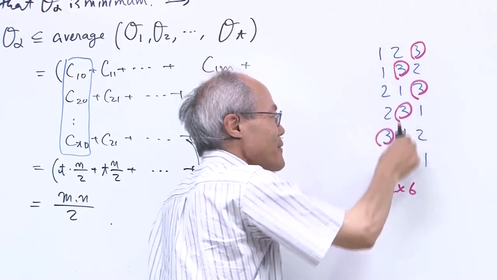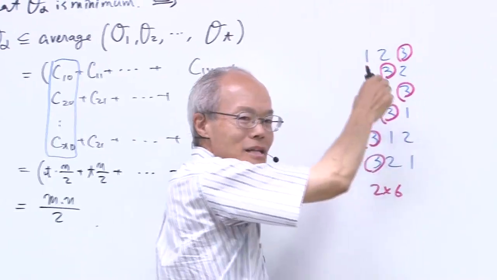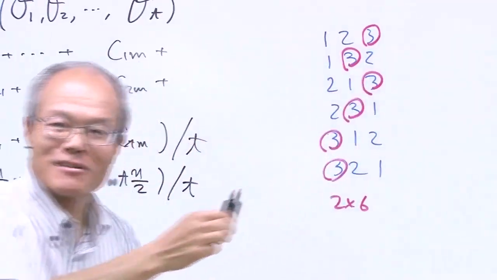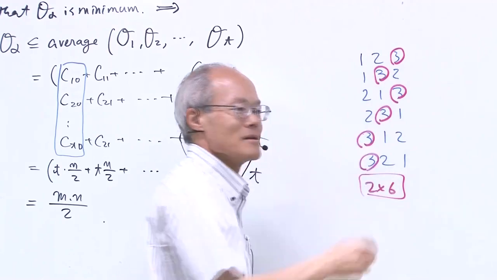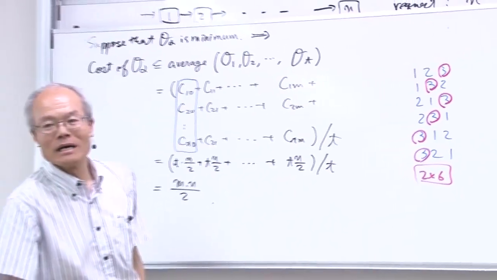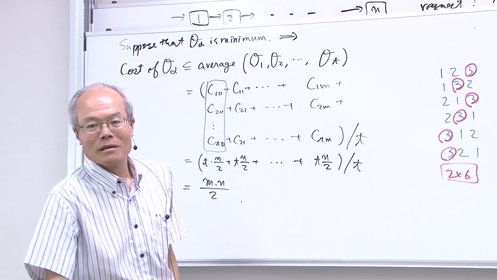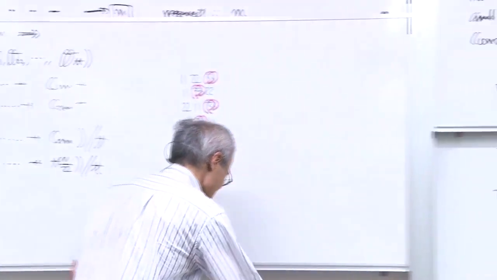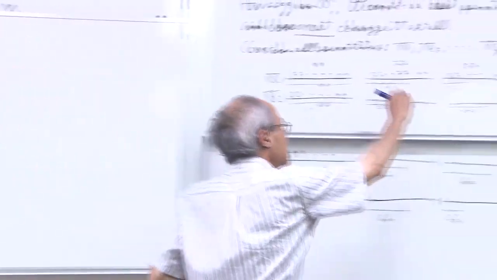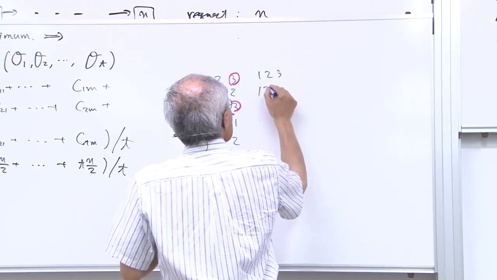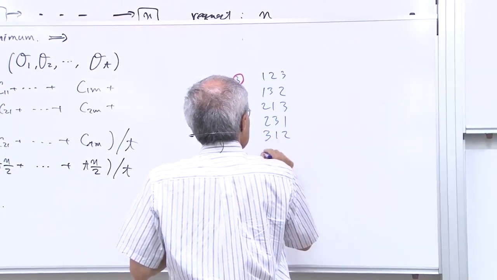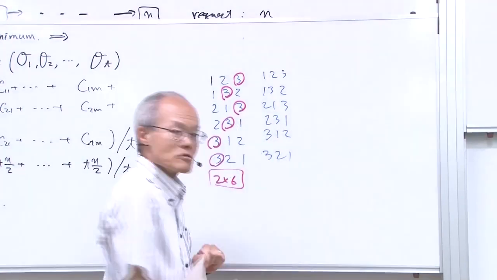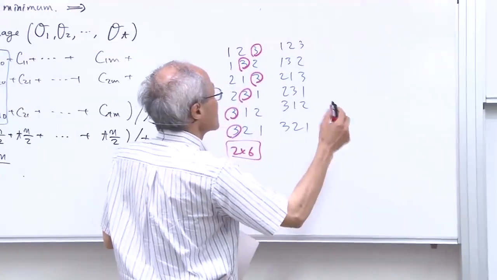That means the average, n over 2. In this case, n is 3, but it's a little complicated, but the idea is n over 2 times 6. This is the cost. And exactly the same. Again, this column is, of course, the same: 1, 2, 3, 1, 3, 2, 2, 1, 3. Then the request is maybe 1.